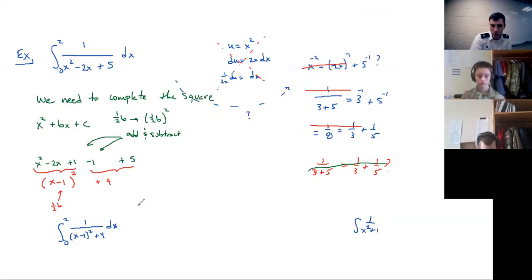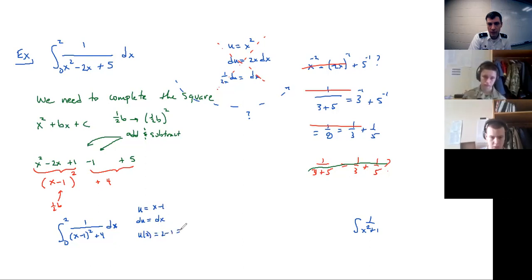I'm going to say u is equal to x minus 1. That means du is what? 1 dx, yeah. And that's a really simple substitution, right? Old upper bound was 2.